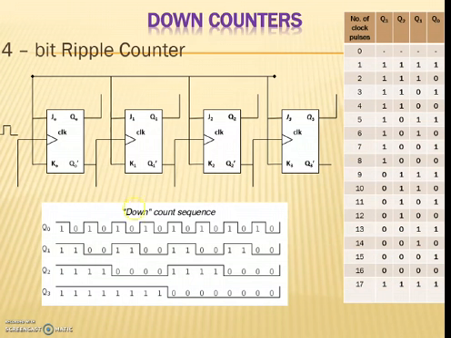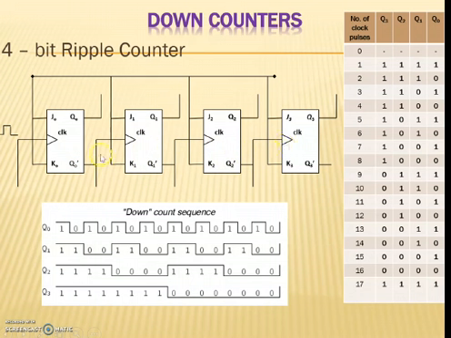Here, what we are doing is taking the outputs from Q0, Q1, Q2 and Q3, but we are giving Q0 bar to the second flip-flop, Q1 bar to the third flip-flop, and Q2 bar to the fourth flip-flop, right?